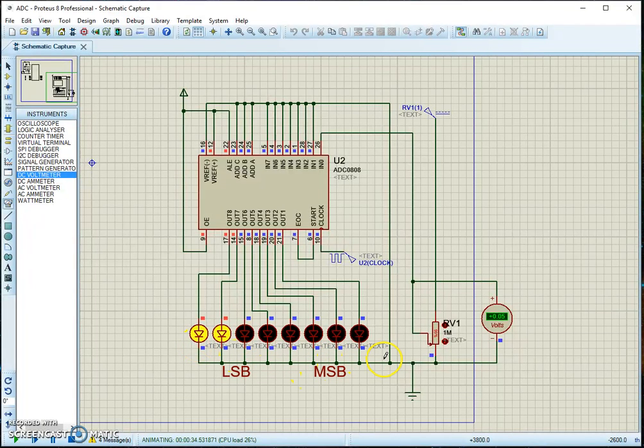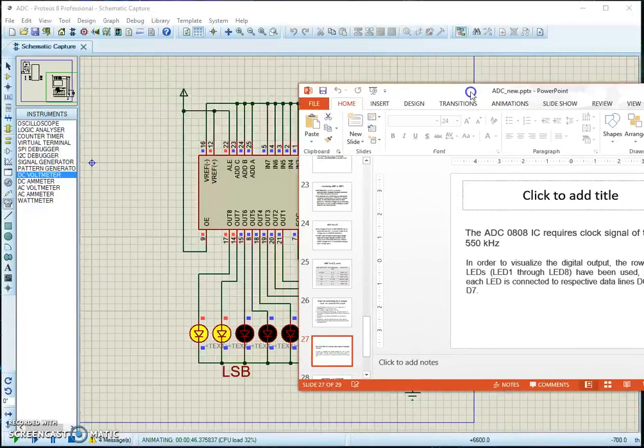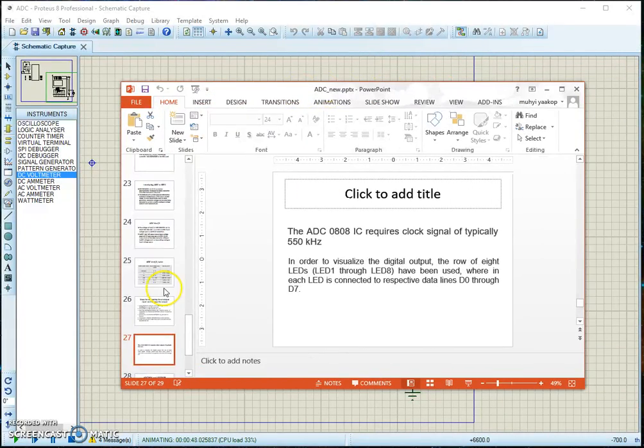So, how do we know if this is correct or not? We need to do some calculation. First of all, we need to know the resolution of the bit. So again, I'm going to call back my slide.